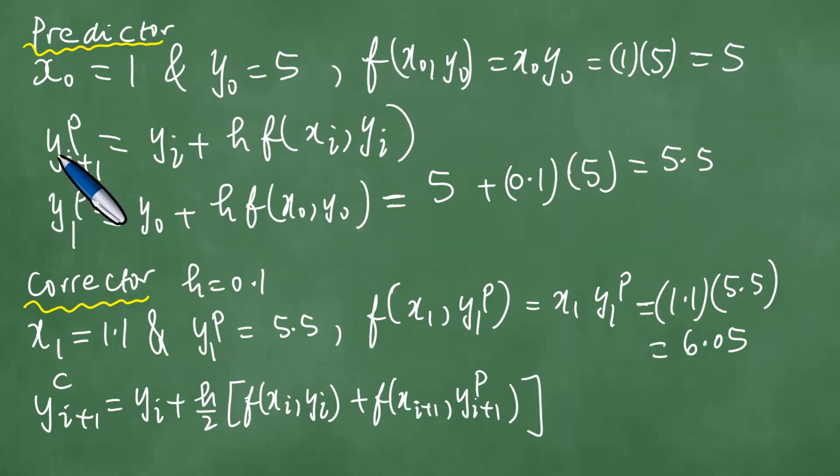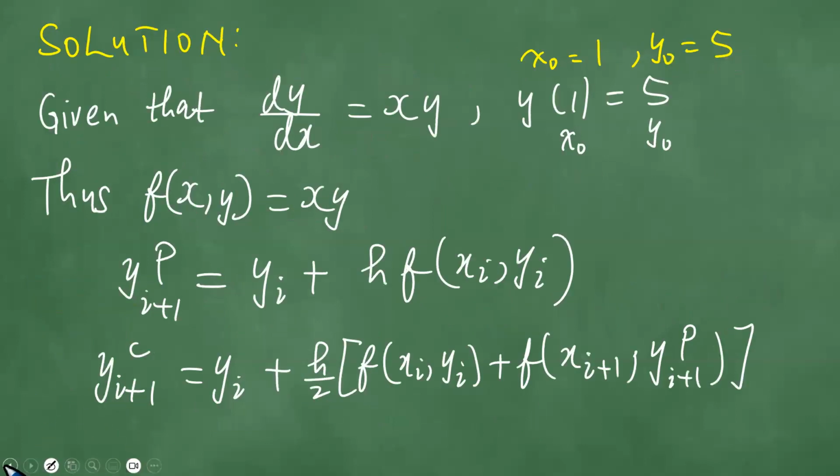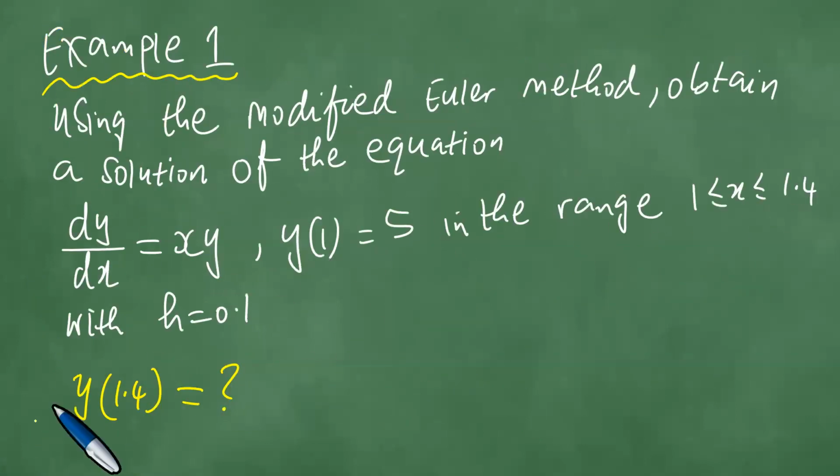And then now we shall do the predictor and the corrector at the next step. What is the next step? So 1.1, we must do the predictor there until we are able to do the predictor at 1.4, because we must do this up to 1.4.